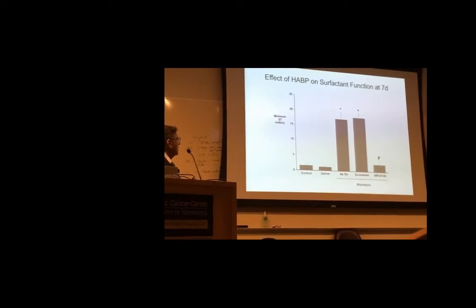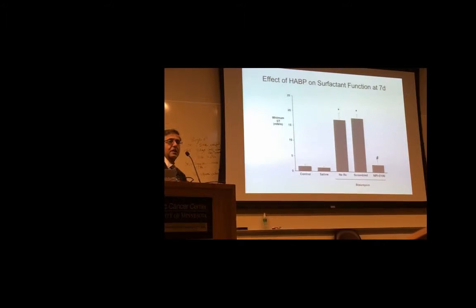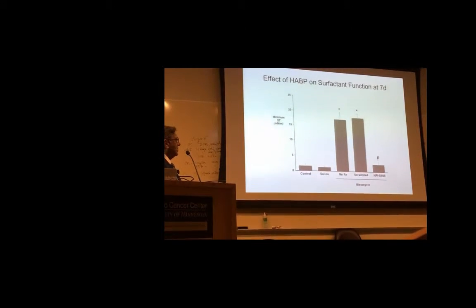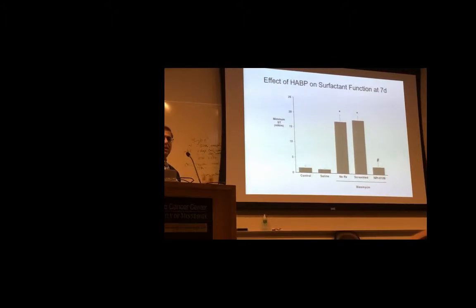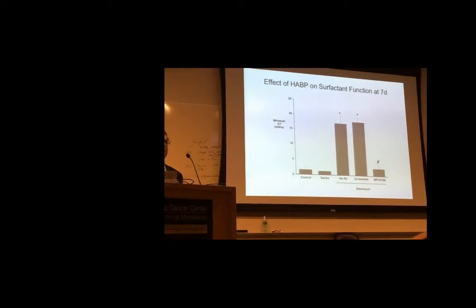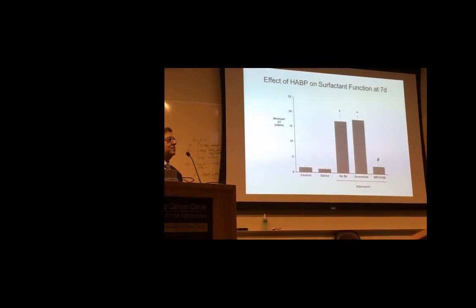And so when you give bleomycin, the surface tension goes up. In other words, it takes a lot more pressure to open that bubble. If you give scrambled peptide, you still have surfactant deficiency with increased surface tension. And when you give the peptide, your surface tension was back down to normal, and that's why these animals were not in any distress.